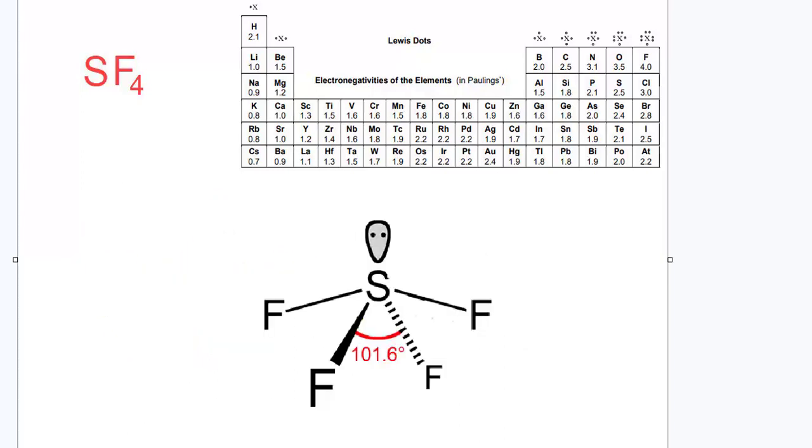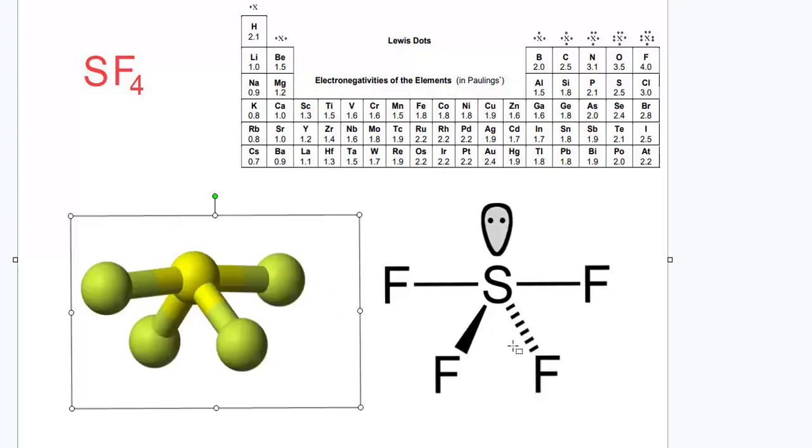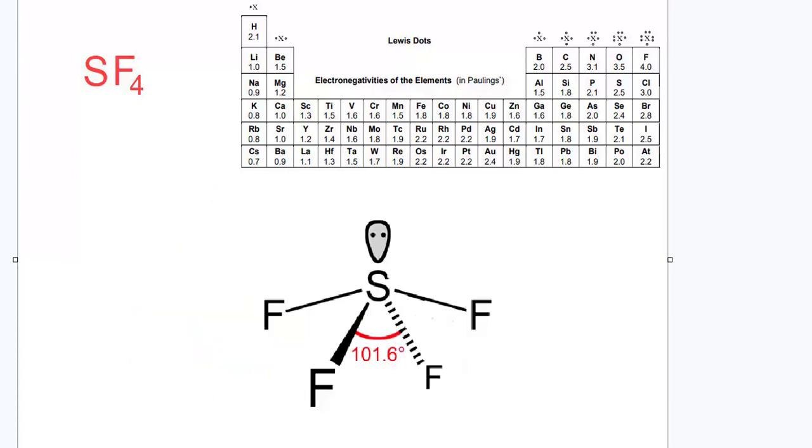And one extra little thing, this cloud of electrons is a bit repulsive again. So the angles will not be the 120 that we actually expect. We actually get down to 102. But I'm pretty sure they wouldn't deal with that. So the expected is 120 and 90. So here's the actual data for the molecule. So there's another one of our 4 fluorines, but this time with the sulfur.